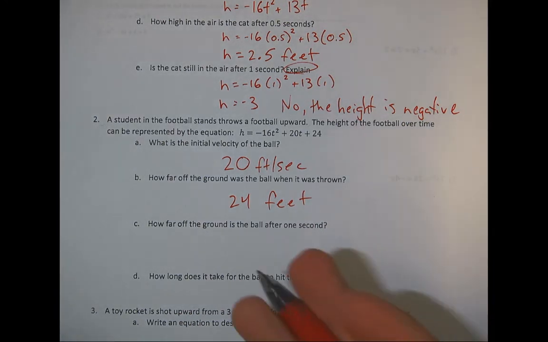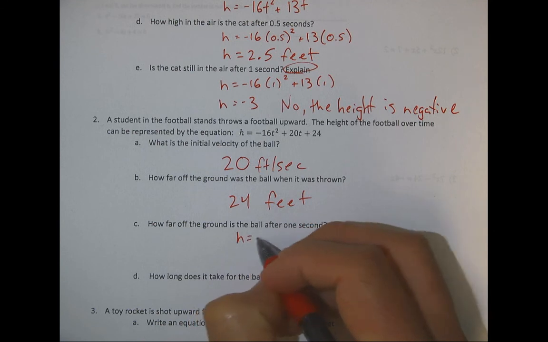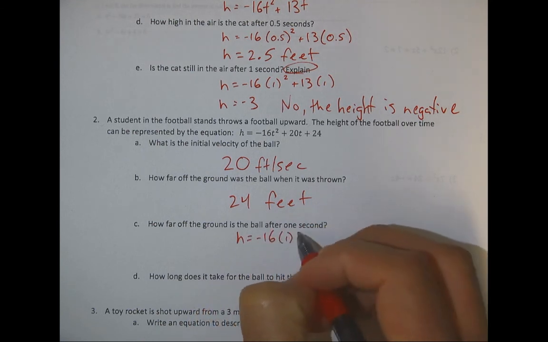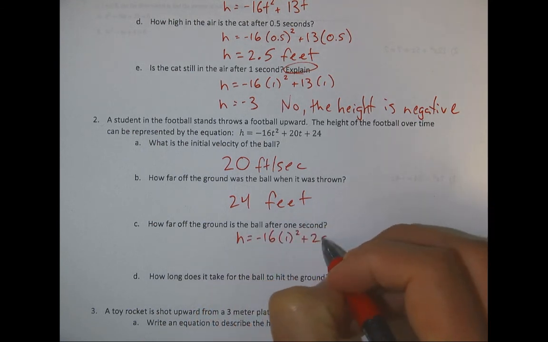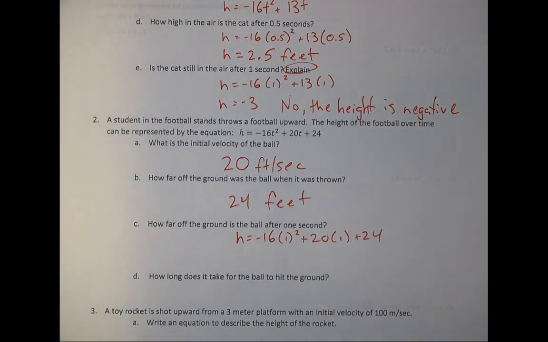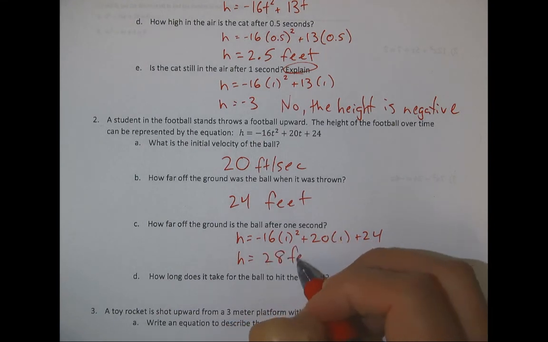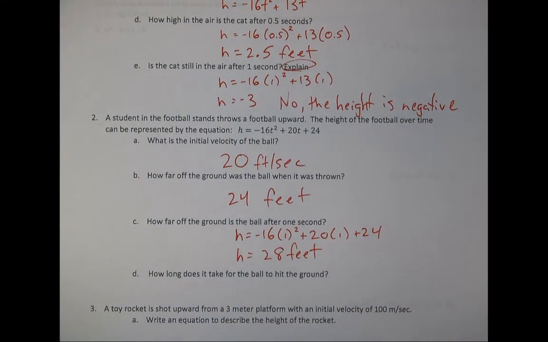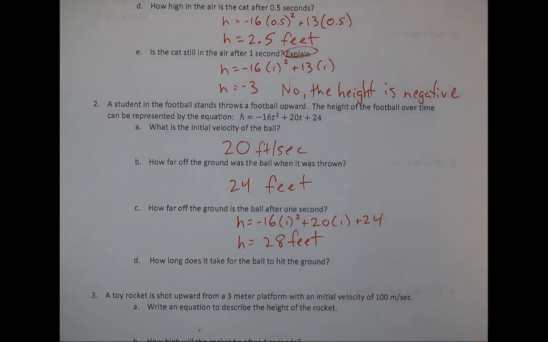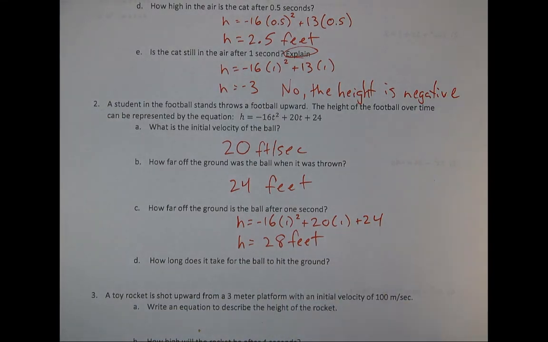How far off the ground is the ball after 1 second? So we're going to plug in 1 in both spots and run that through, and you get h equals 28 feet. And how long does it take for the ball to hit the ground? We know after 1 second, it's at 28 feet. You could try out some other things.